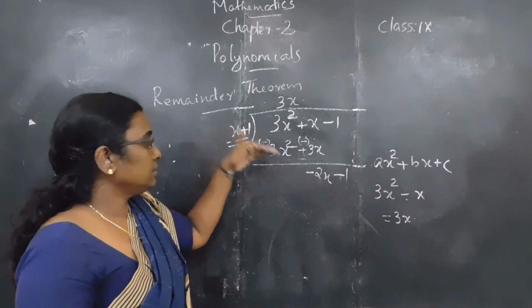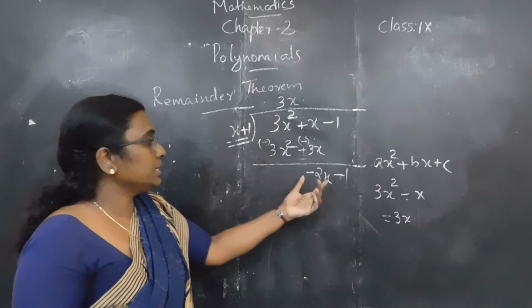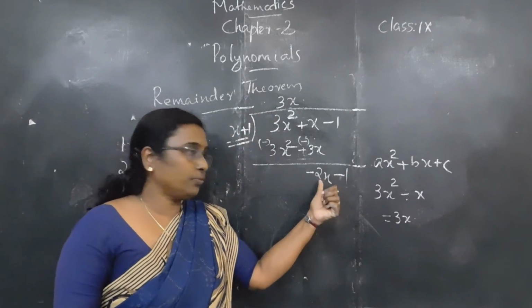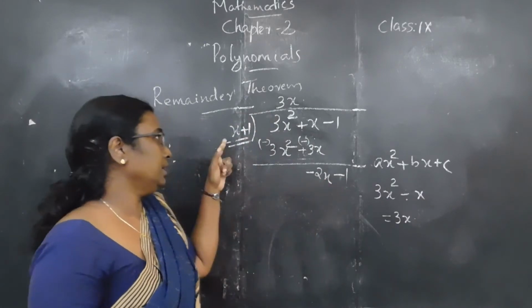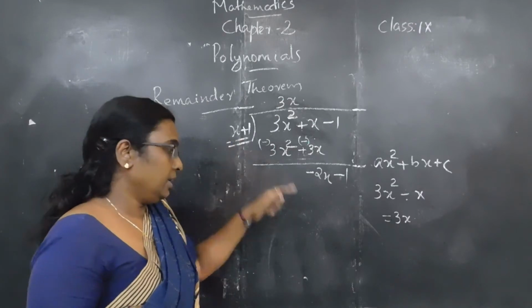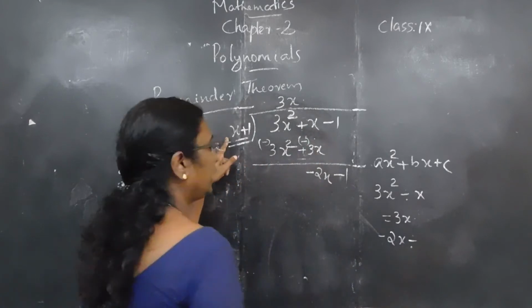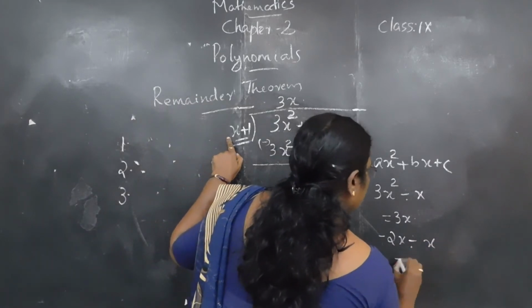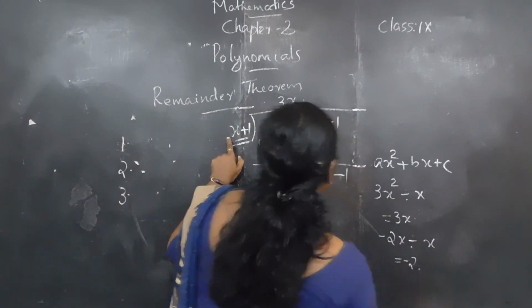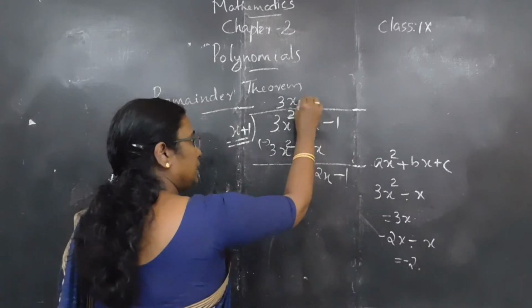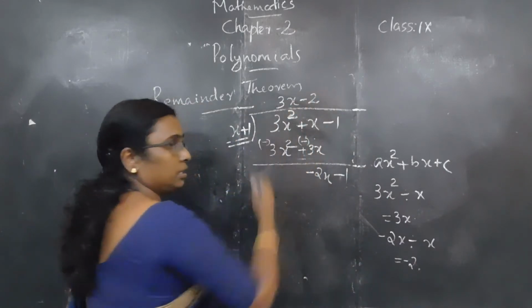We proceed as above. Then divide the first term of this new dividend by the first term of the divisor. That is minus 2x divided by x. Minus 2x divided by x is minus 2. The minus 2 is the second term of the quotient.